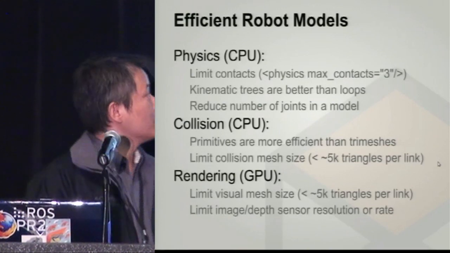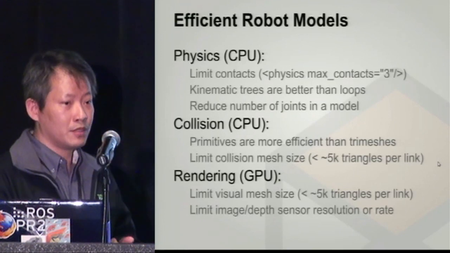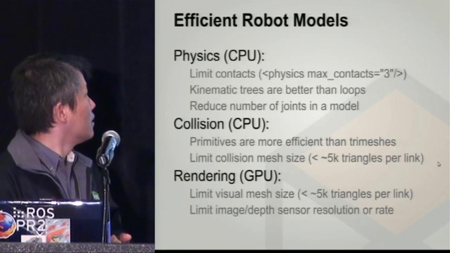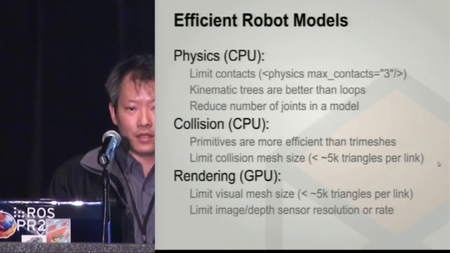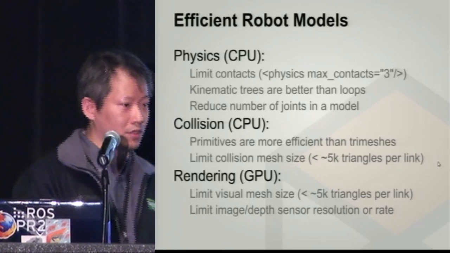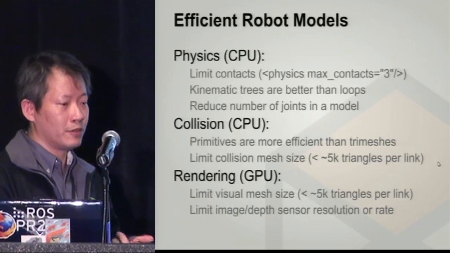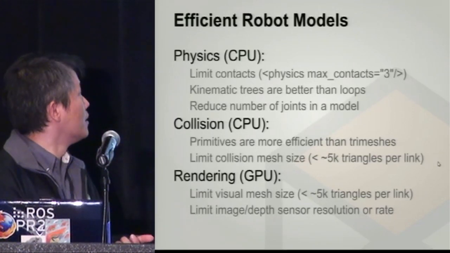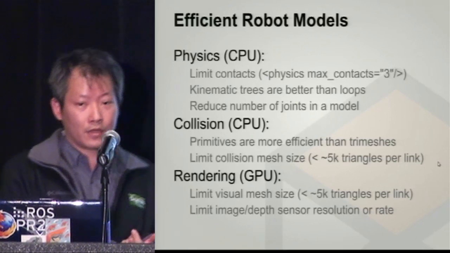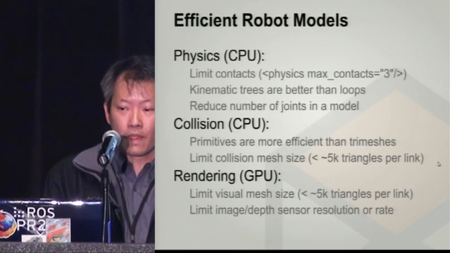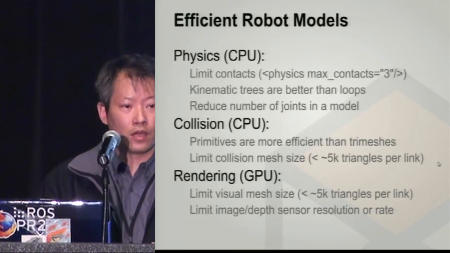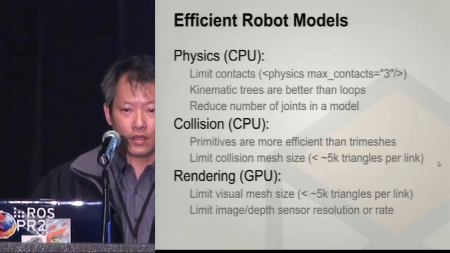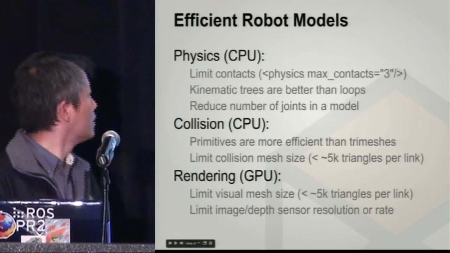So the physics, which is CPU-based, is basically driven by the number of joints in the model, which could come from either contact joints or user-defined joints. In general, it's a good idea to keep the number of joints to a minimum, if you can. Also, if you model a closed-loop kinematic, obviously it's going to take longer to solve than a tree-like structure.